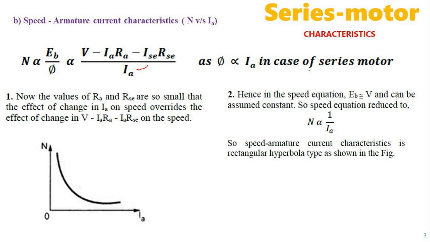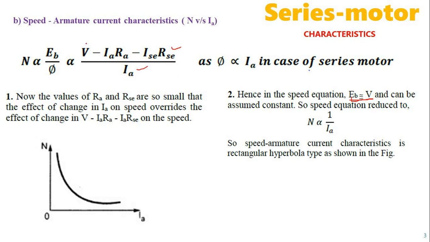Now the values of Ra and Rsc are small, so the effect of change in armature current on speed overrides the effect of change in back EMF on the speed. Hence in the speed equation, Eb is equivalent to the supply voltage, so it can be assumed as constant.